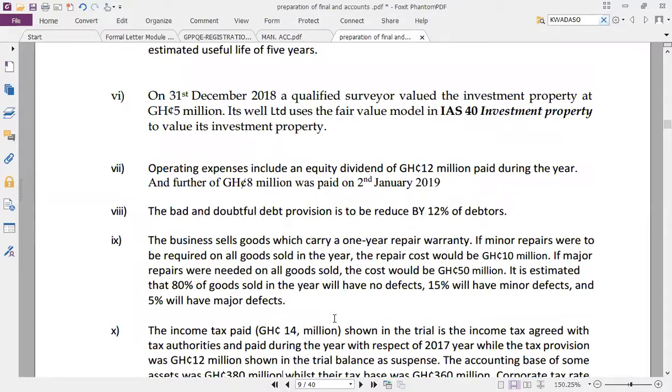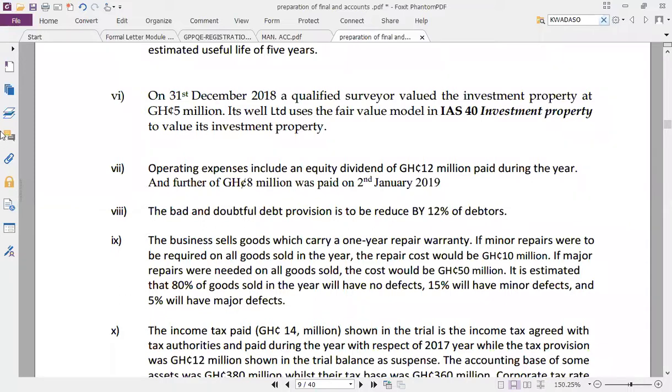So 2nd January 2019 becomes what? Event after reporting period, that transaction. So how do you treat dividend declared or paid after the year end? That will be non-adjusting, right? So you do nothing. You do as if that 8 million note is not there.